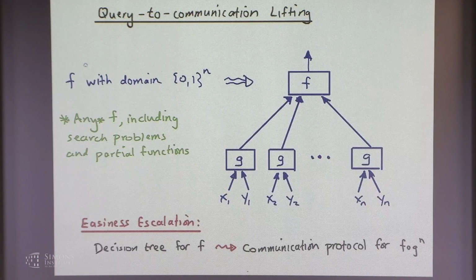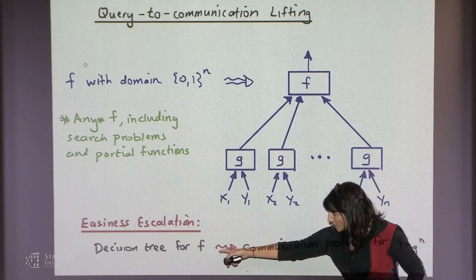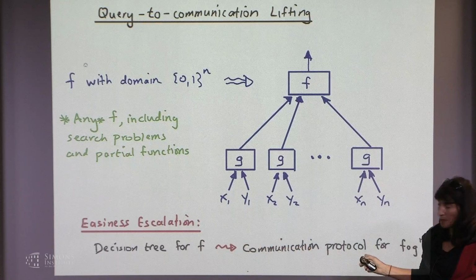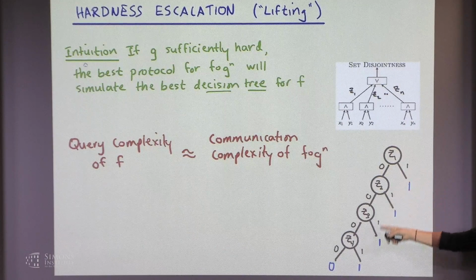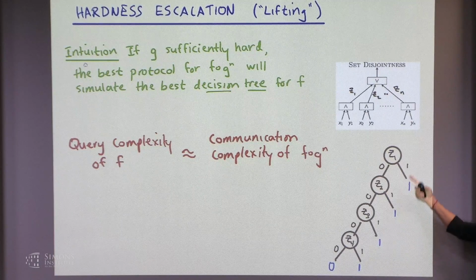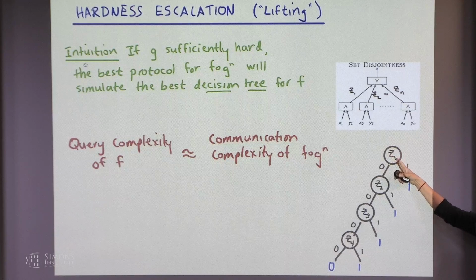So the easy direction, assuming the gadget is small, is to show that once you have a decision tree for f, you can just mimic that decision tree to come up with a communication protocol for the lifted function. Okay, so here's the dumb decision tree for OR, but in general, if you have a decision tree for your outer function, the 2 players, Alice and Bob, just follow this tree.